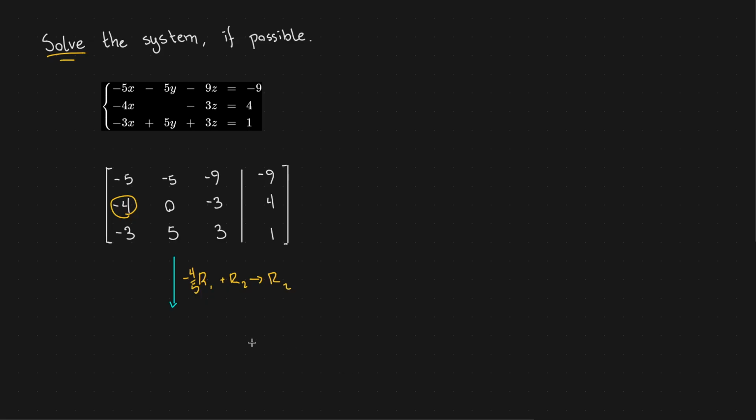Okay? But I'd be dealing with fractions. You want to try to not deal with fractions as much as possible. Sometimes it's unavoidable, but you want to avoid it as long as you can. So I'm going to start by multiplying row 1 by 4, and row 2 by 5.